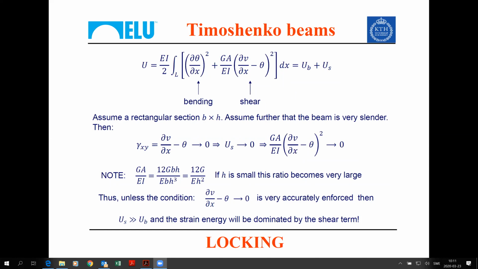Then you maintain L and reduce the height by a factor of 10, so you have L over H equal to 50. You redo the analysis and end up with a much larger displacement than in the first case.